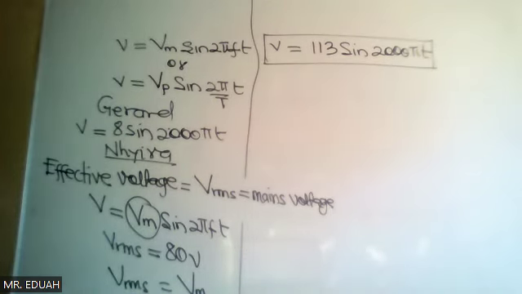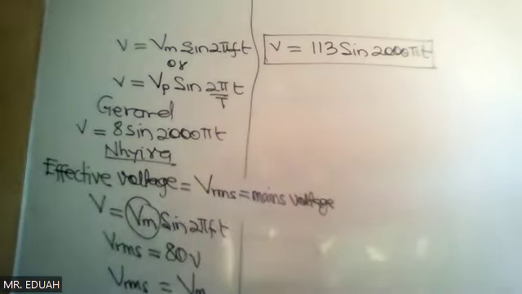Any question? Okay. Once everybody is silent, it means you have no question. I'm going to send you another one, and I don't expect you to falter in this. You must get it right.